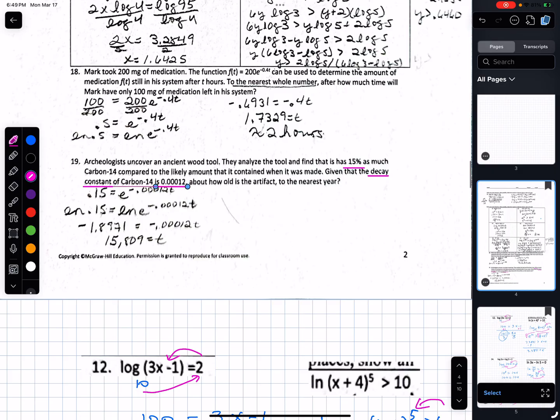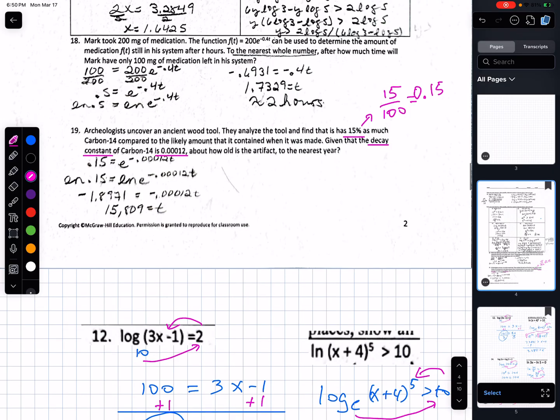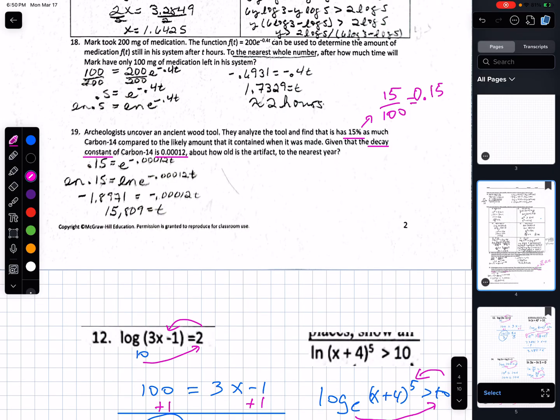So first thing we got to do is take 15% and divide it by 100, because then we get 0.15. And I will always write it like 0.15. The only reason I put the zero is because sometimes you miss a decimal and you're like, damn it, I shouldn't have missed that. So constant means e.